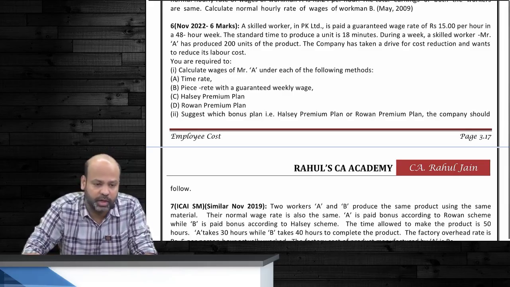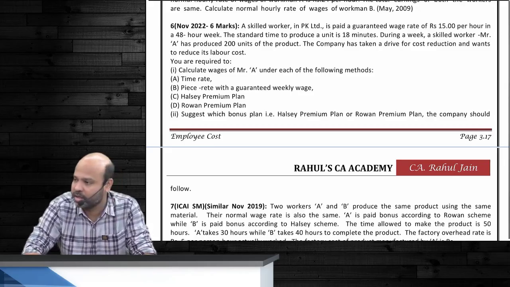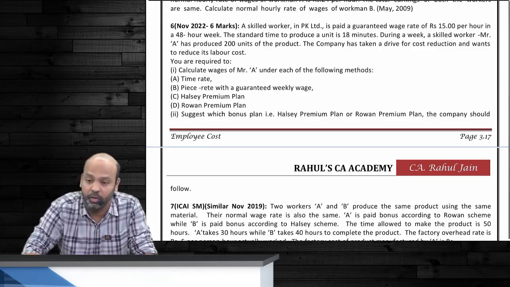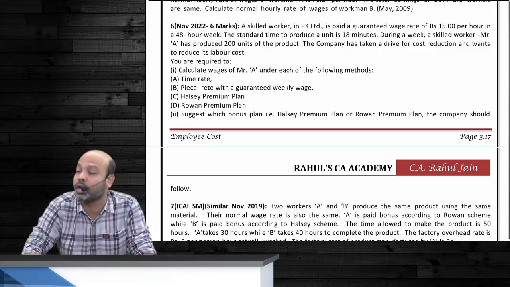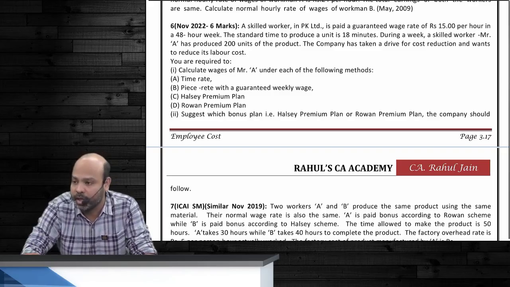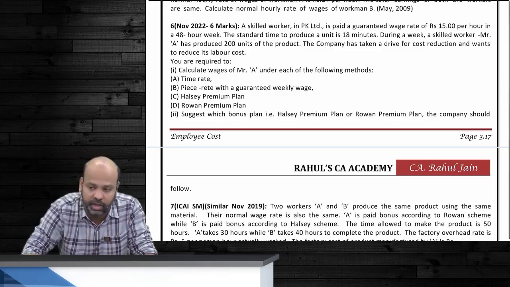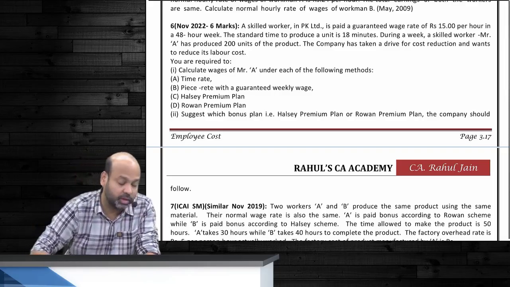On the calculator you should write 200. For every unit it is 18 minutes. So for 200 units, what should be the total time taken? 200 multiplied by 18, 3600 minutes. That is 60 hours. So we know standard time is 60 hours.